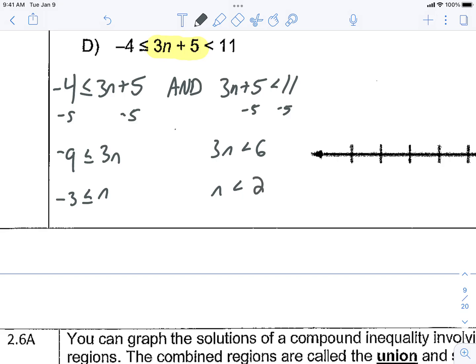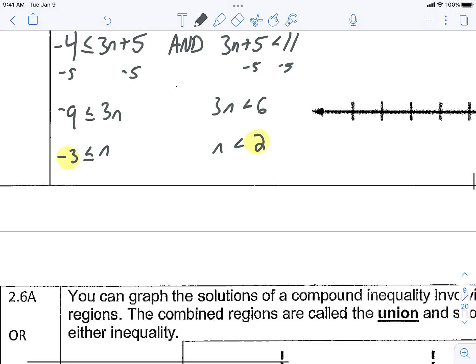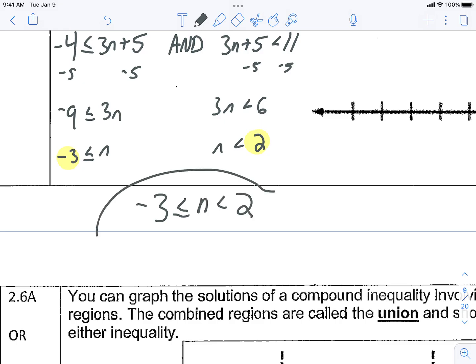And that's my answer. I'm going to rewrite it as one big inequality, compound inequality. I take my smaller number first, which is -3. My arrows always point to the left. And that's my answer.